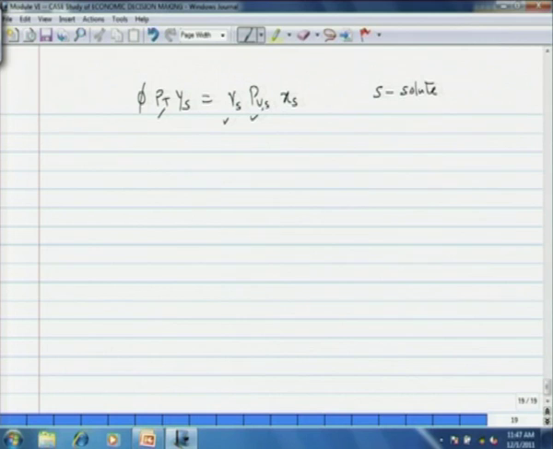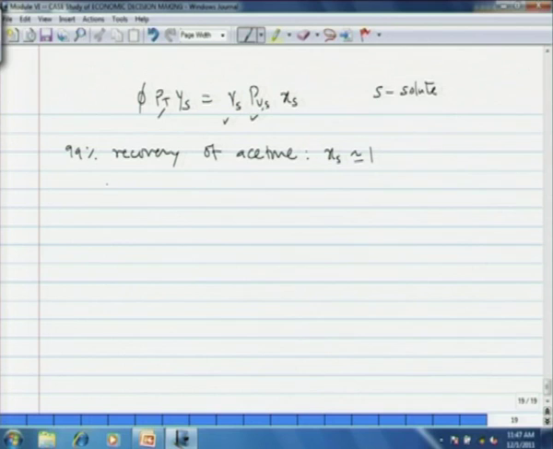Okay. Now, if we are talking of 99% recovery of acetone, then x_s is close to 1. Okay. That is the solvent composition of the top tray.